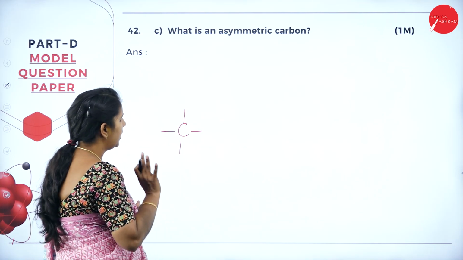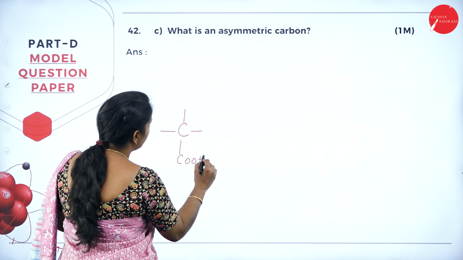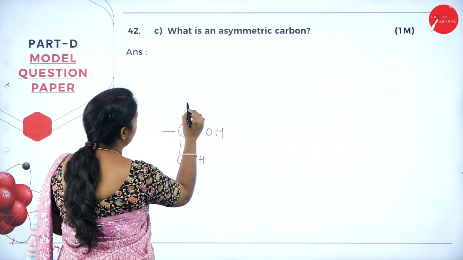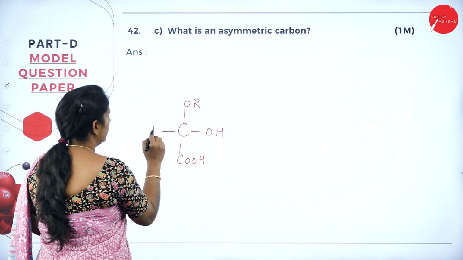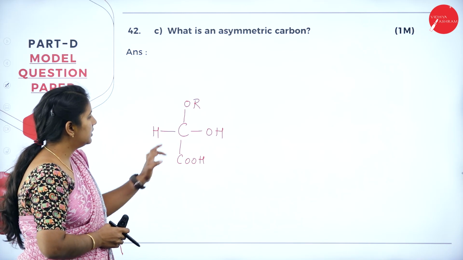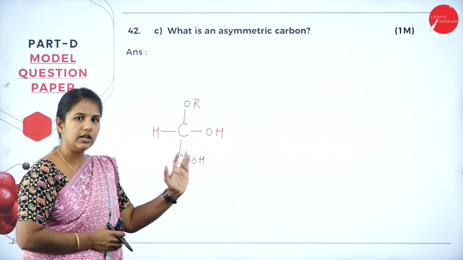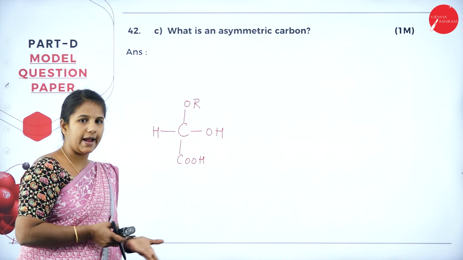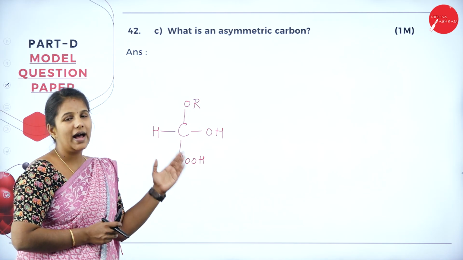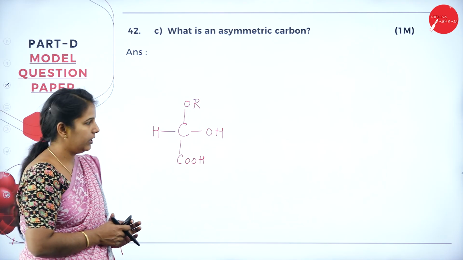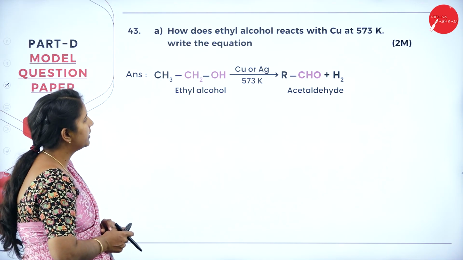I will take carbon 1, where it is attached to different functional groups. You can see now, this is a single carbon atom attached to four different groups as well as atoms. Then only such carbon atoms are said to be asymmetric carbon atoms.